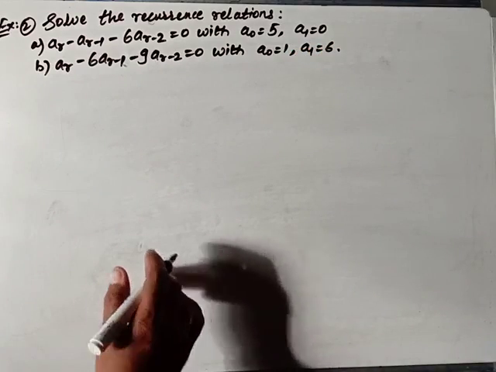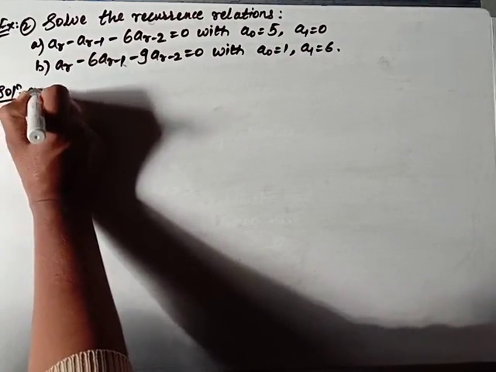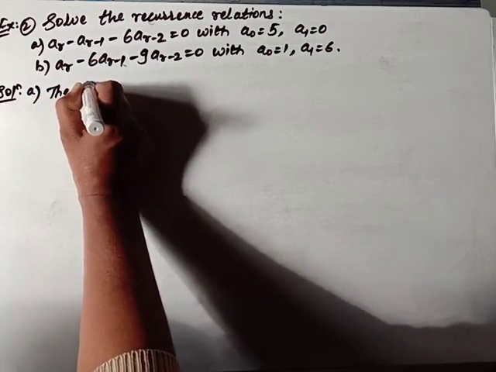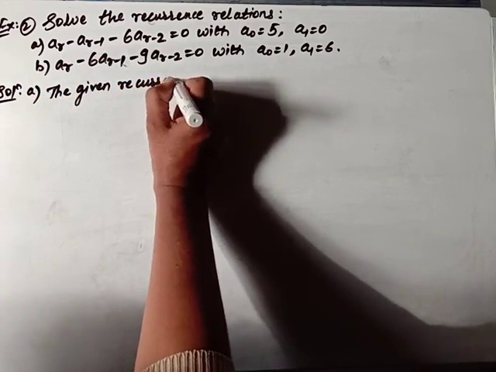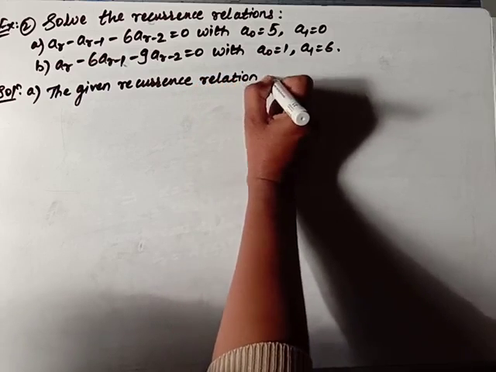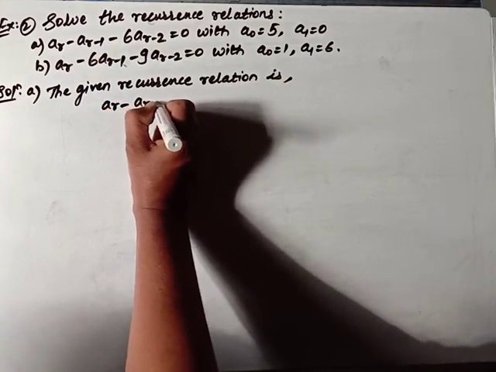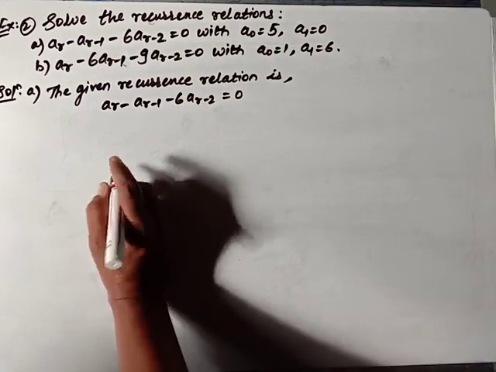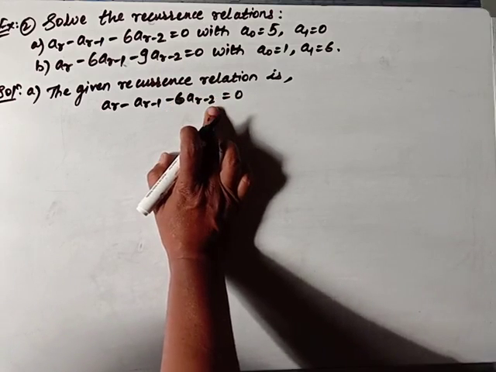So let me solve them one by one. Let me take the solution of the first one. Suppose the given recurrence relation is a_r minus a_(r-1) minus 6 a_(r-2) is equal to 0. Now, as I said in the previous example, here k will be 2.